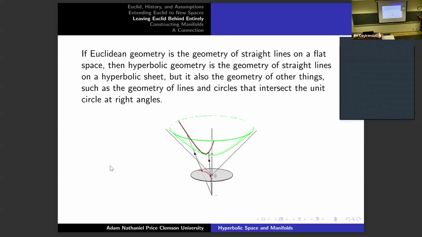Everything exists inside this place. Now, we're going to define lines to be Euclidean straight lines that go through the origin, and circular arcs that intersect the edge at right angles.